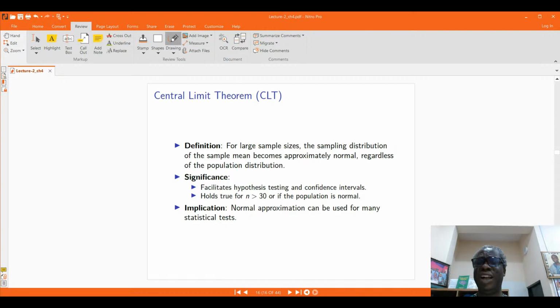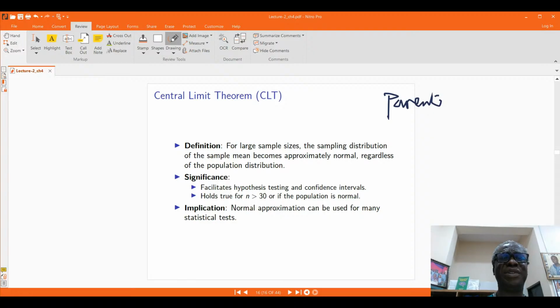So if you have the parent, that is the population, let me use population instead of parent. Or let's continue.